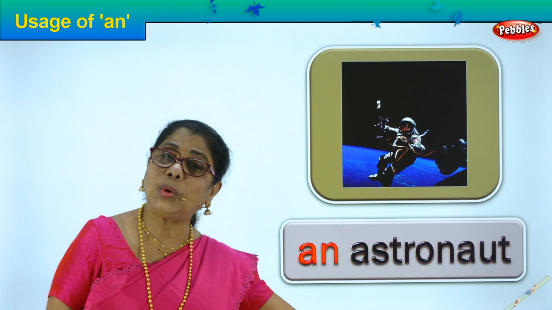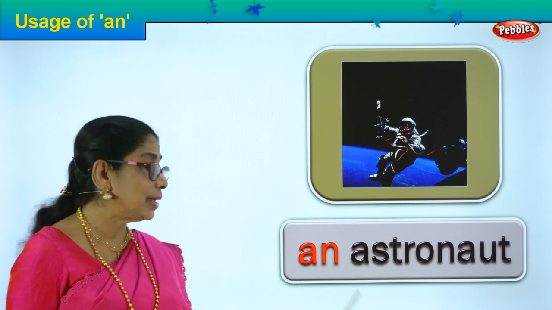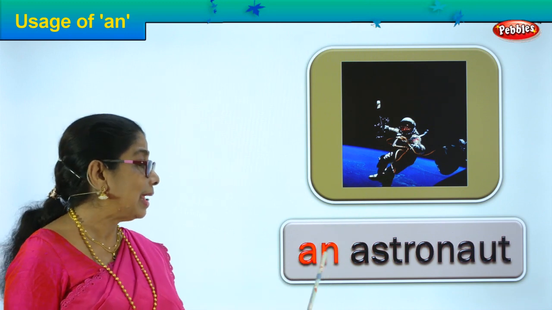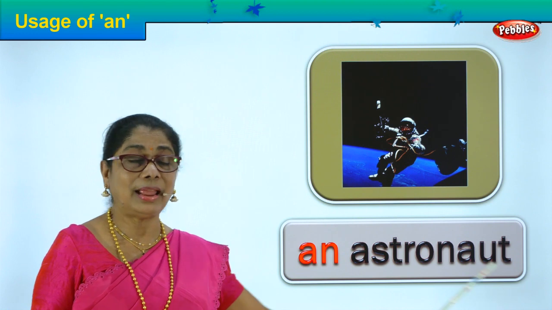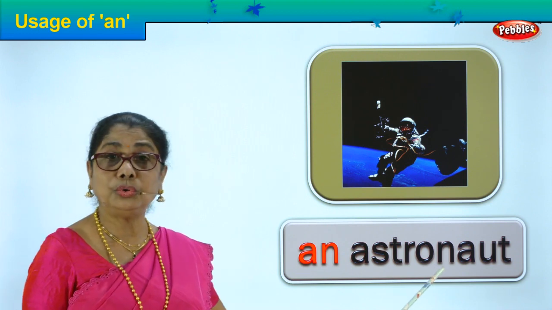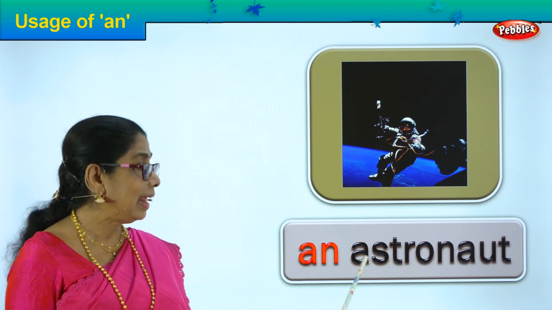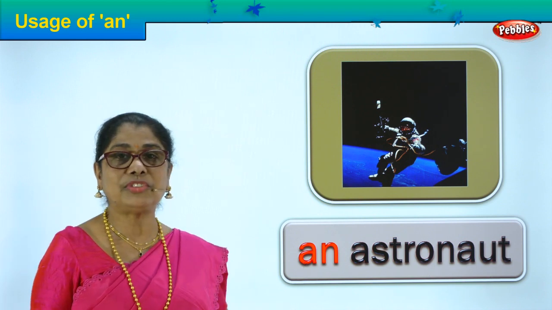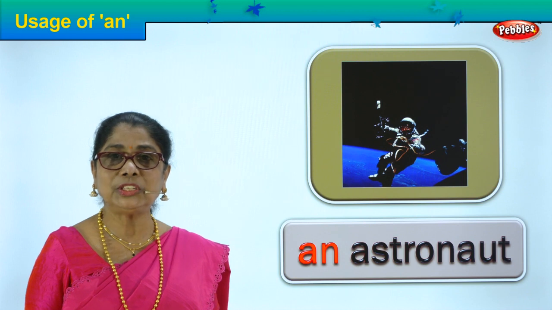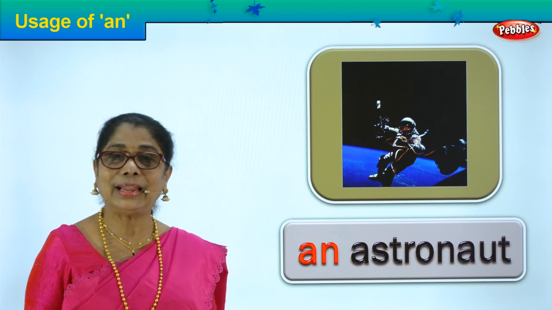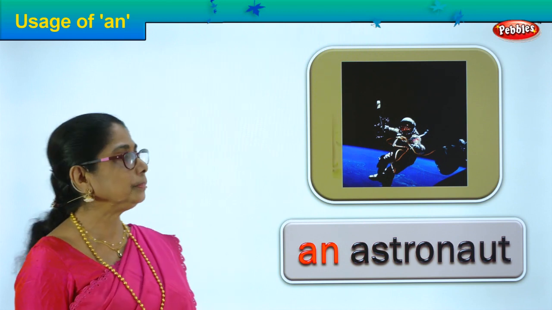So in front of the word astronaut, what do you use? An. This is an astronaut. An astronaut goes into outer space. This is an astronaut who travels in the outer space. Good. Shall we look at another picture?